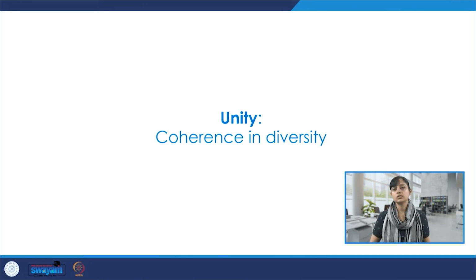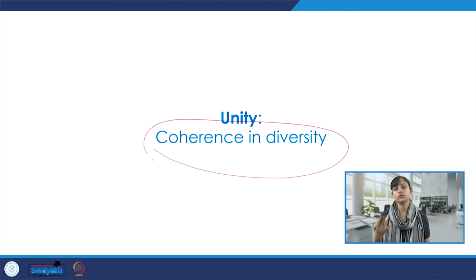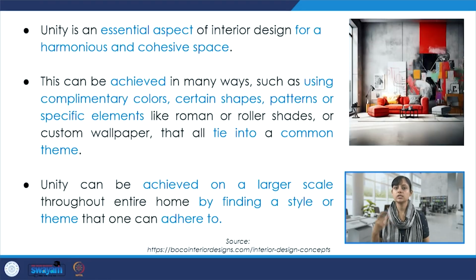Then of course there is also unity, which is a very important principle, and it emphasizes coherence in diversity. So we may be using diverse elements or diverse objects, but we could still achieve a coherent space by achieving the unity in the space. So it is an essential aspect of interior design so that a harmonious and cohesive space could be designed.